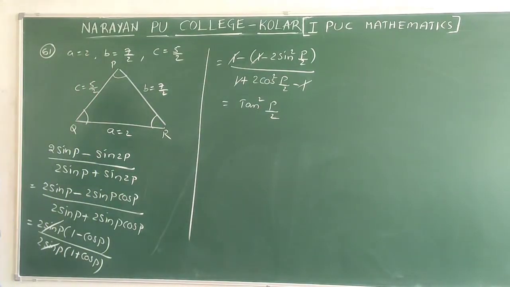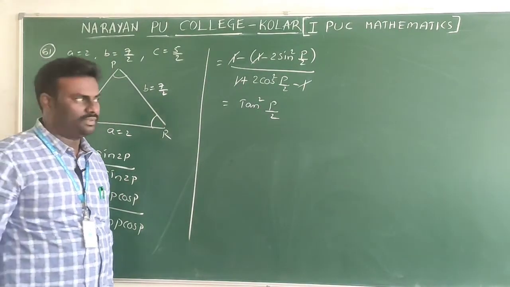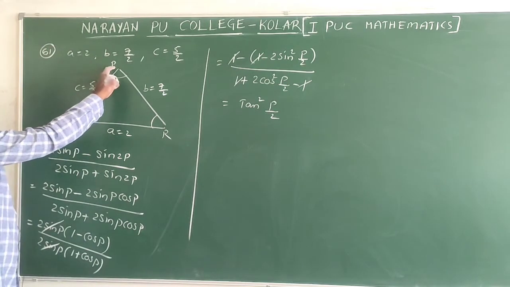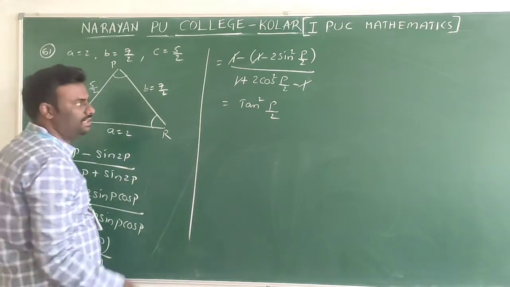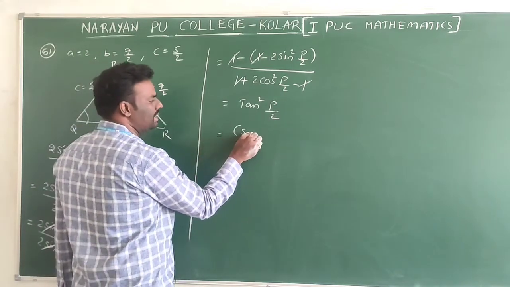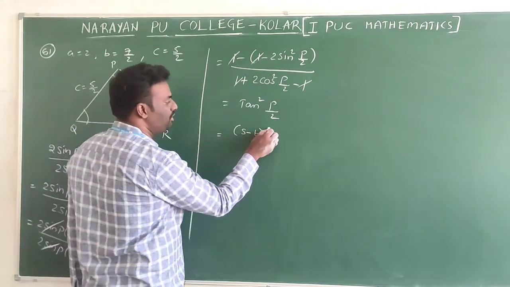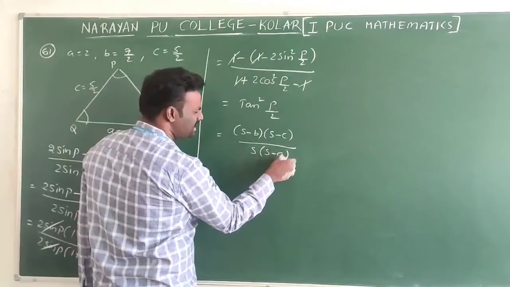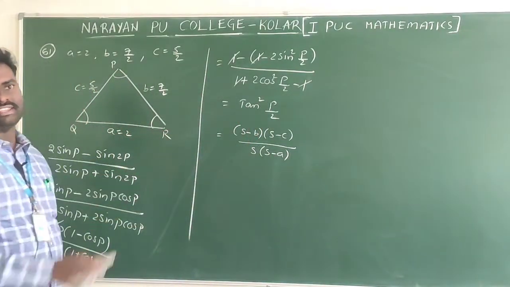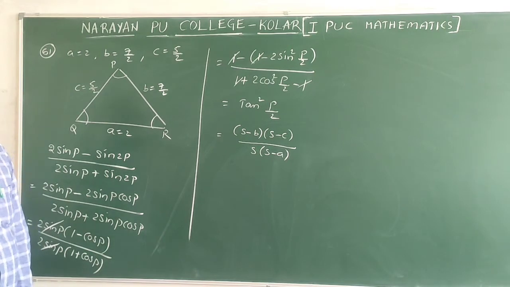So here I am using the half angle formula. For P, the opposite side is A, and the remaining two sides are B and C. That is S minus B into S minus C by S into S minus A. Actually a root will come, but a square is there, so square and root get cancelled.